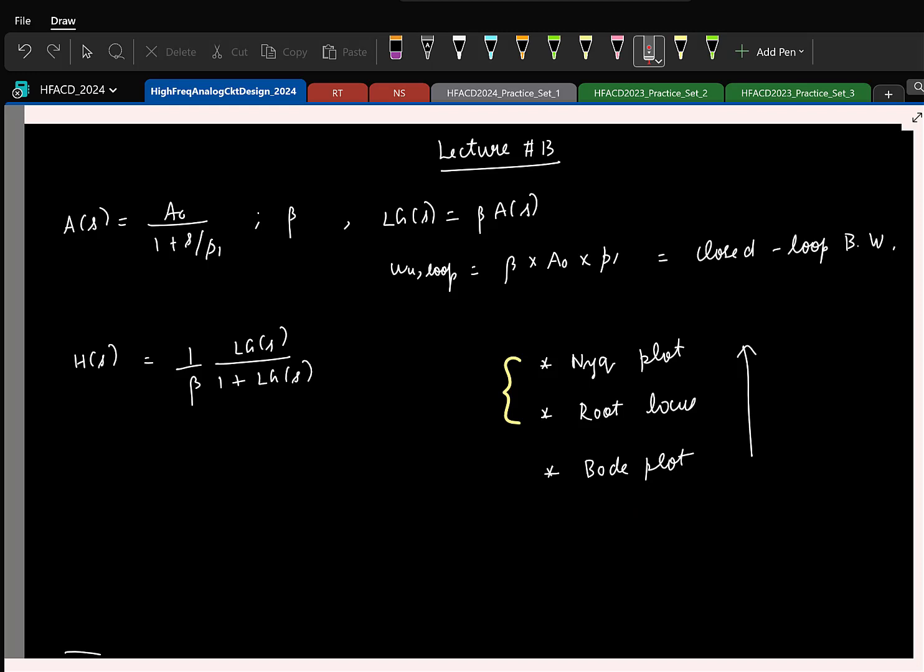Although typically it's done using Nyquist plot, I will try to do it using root locus, because to convincingly explain Nyquist plot, I have to explain complex analysis, Cauchy's integral, Riemann zeta function, number of encirclements on this side, that side. But as we'll see, root locus is more logical and intuitive. So let me take that approach.